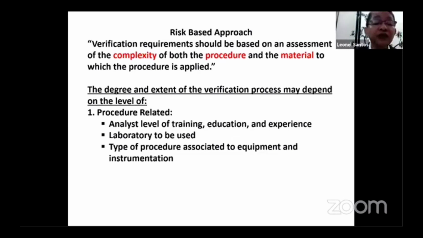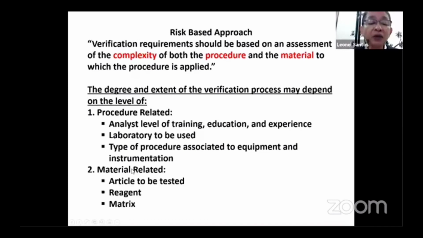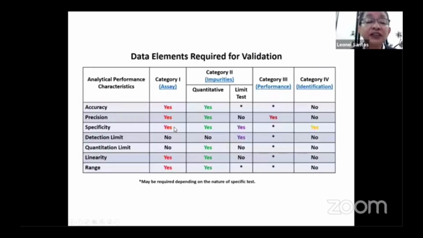What are those? Those are dependent on the analyst's level of training, the laboratory that is being used, and the type of procedure associated with the equipment. The second thing would be material related: the sample, the article to be tested, the reagents, the matrix. So these two external factors are considered in the verification process.